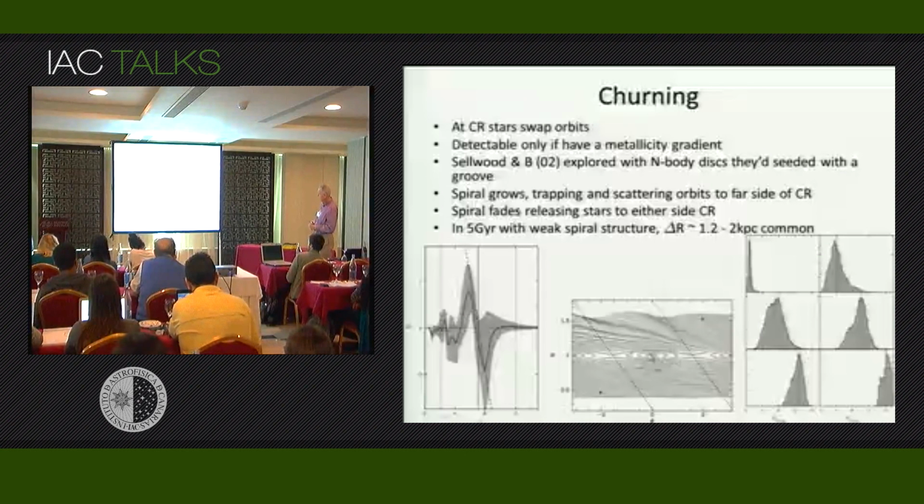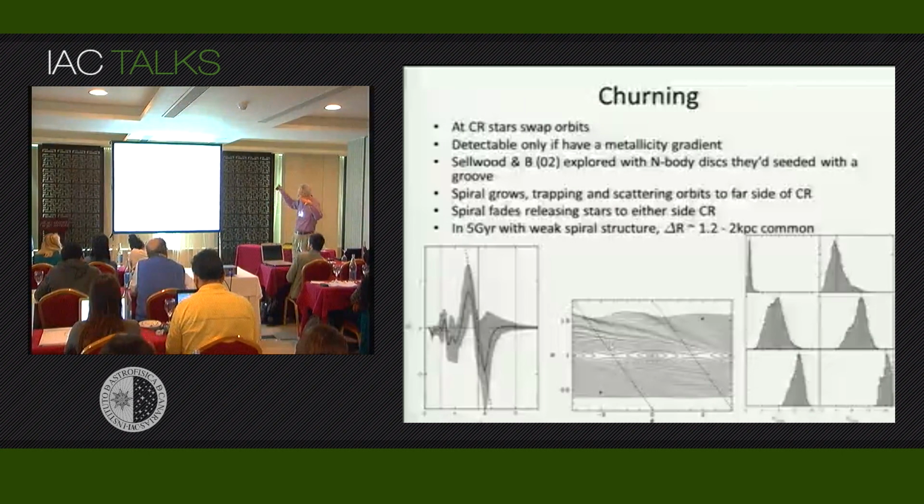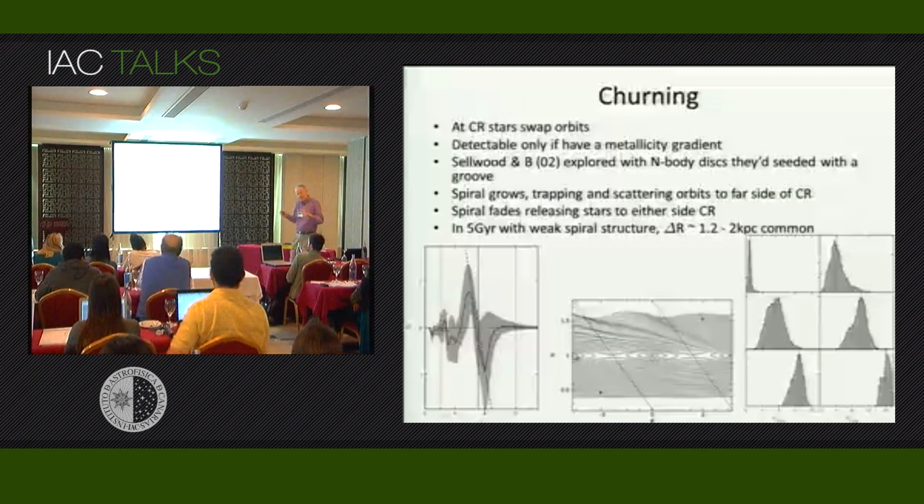Actually on co-rotation, at one phase, this star just rides with the spiral pattern. Stars with slightly different initial phases orbit around it. So these are trapped orbits, librating.